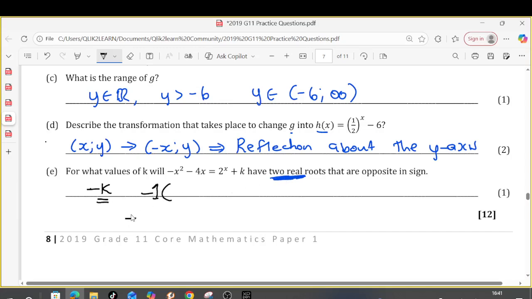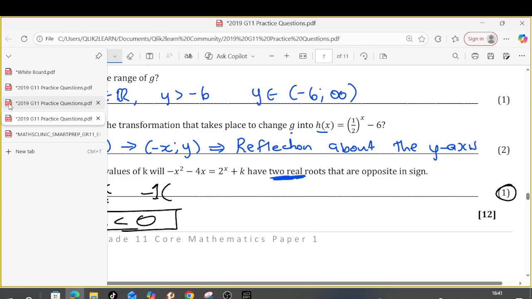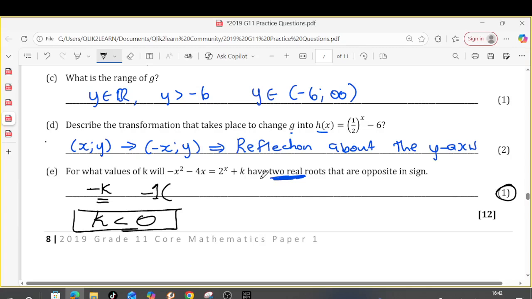We know that the first one is positive. Oh, I'm sorry. We already have the negative part. So to find the positive part, we'll only take k to be less than 0. So this is the answer. Hopefully everyone understands that. This should be easy, okay? It's 1 mark. This should be very easy. But if this doesn't make sense, it's fine. We'll keep working on more problems, okay?